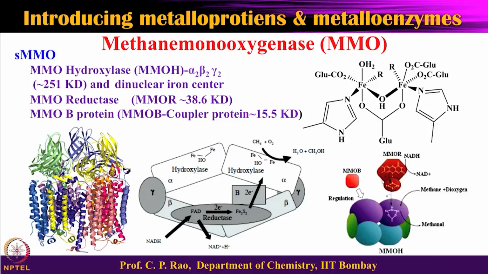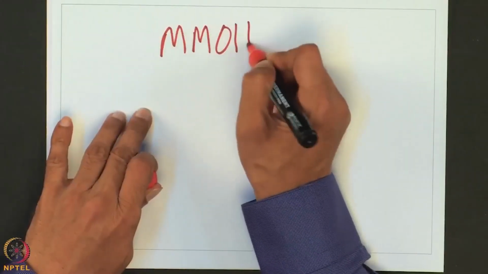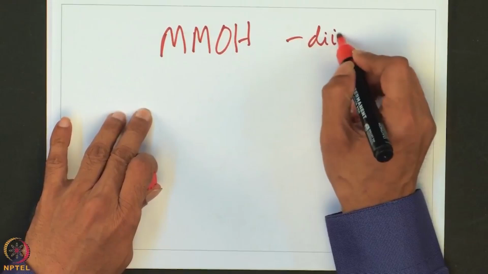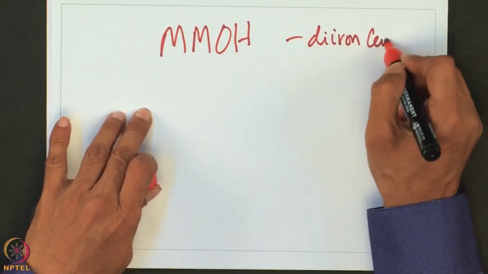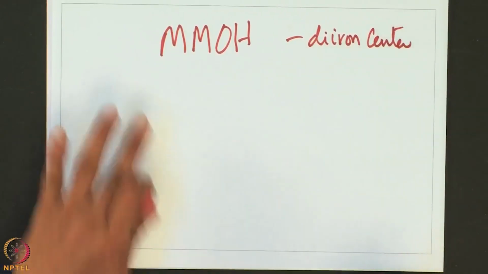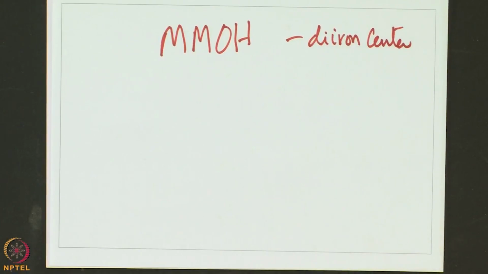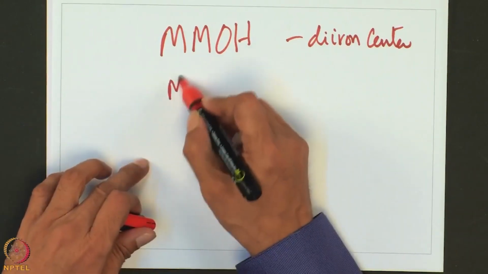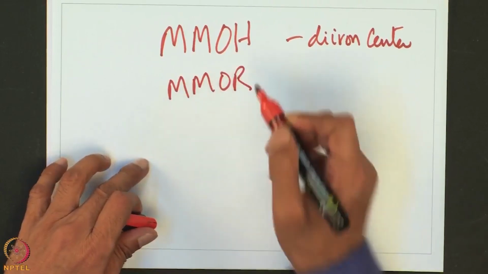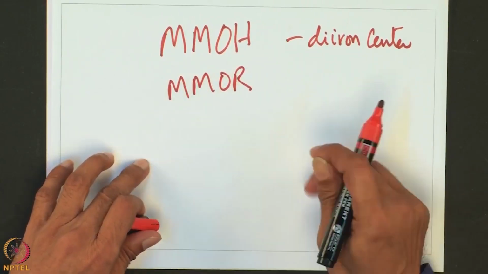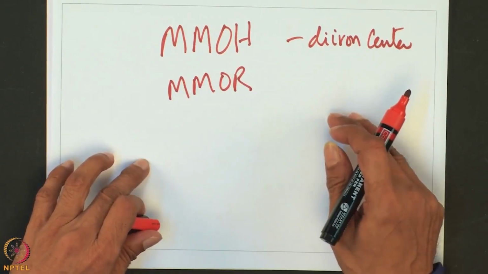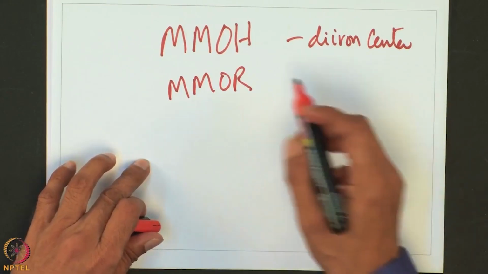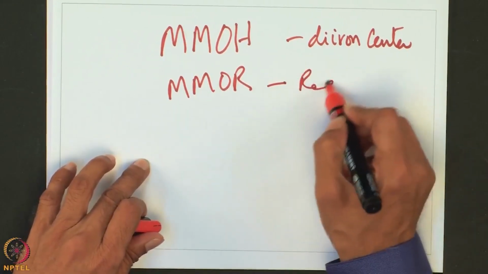The iron that is present in this is the di-iron center, okay. And then you have a reductase part, MMOR. We have seen earlier the electrons have to come from NADH, then NADH to FAD, FAD to iron sulfur cluster, all these kinds of things. So, this is the reductase part.